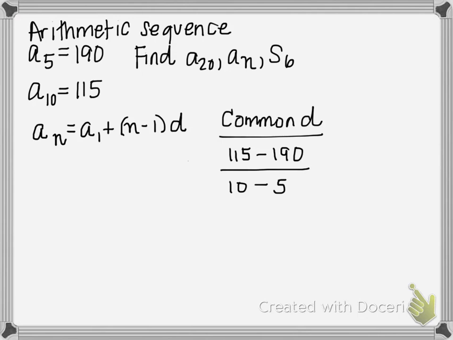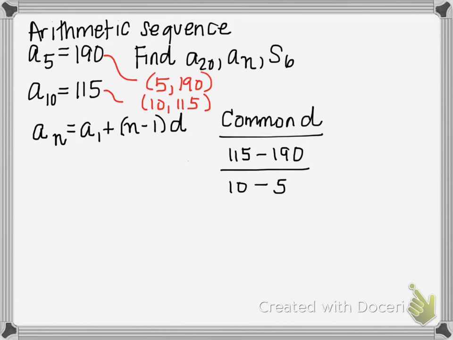This term up here on the left is like having an x value of 5, that's your input, and then a y value of 190. And then the second term is like x value 10, and then 115. So hopefully you can see that, or if not, you can find your own way of determining what the common difference is. So let's do that calculation.